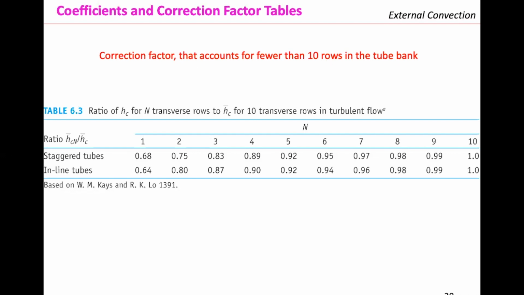This is table 6.3, which accounts for fewer than 10 rows: 1, 2, 3, 4, 5, 6, 7, 8, 9, 10 rows. Depending on the geometry, staggered or inline, we can read here a correction factor for these small banks. So table 6.3 is another important table.